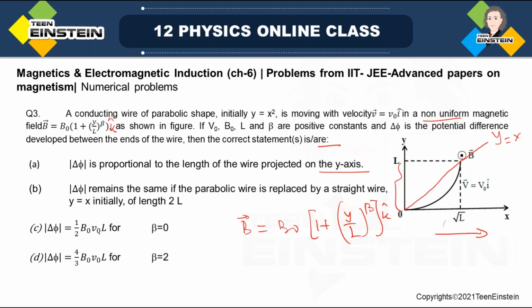And option C says when beta is zero, delta phi will be this much change in the flux, and when beta is equal to 2, delta phi will be this much.